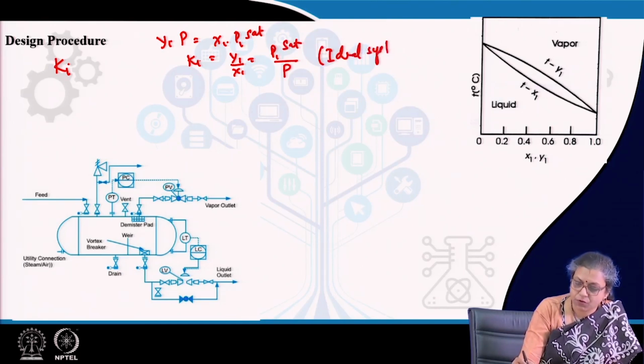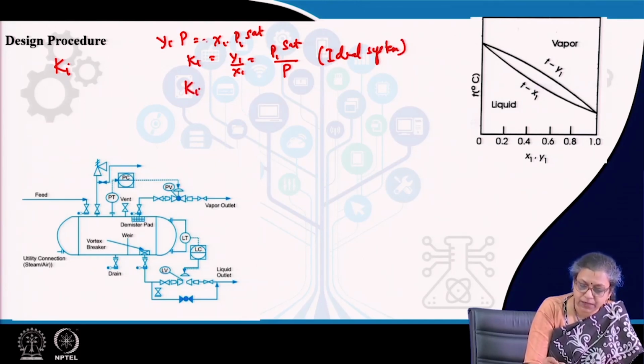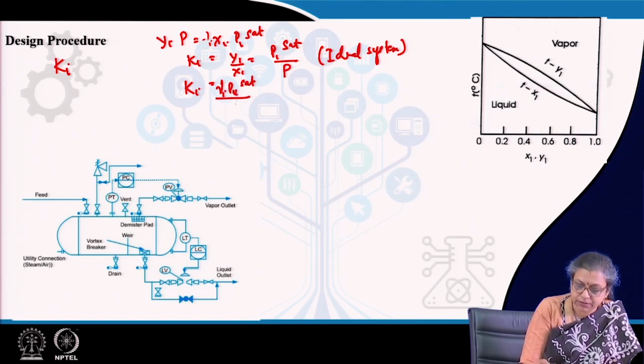If it is a non-ideal system, then quite naturally we are going to have a gamma, and accordingly Ki is going to be gamma I PI saturated by P, right. This is for a non-ideal system.